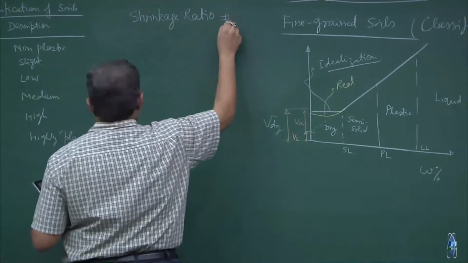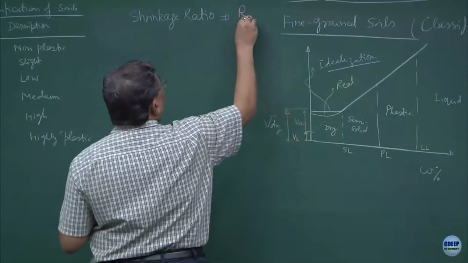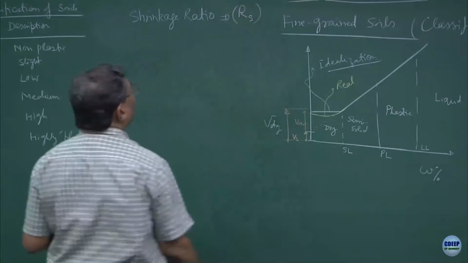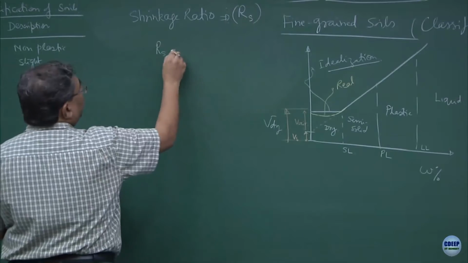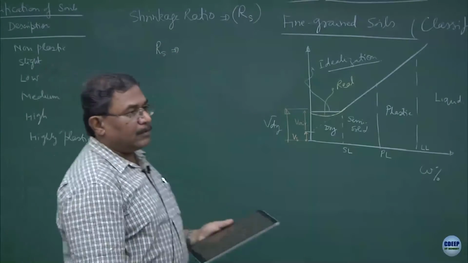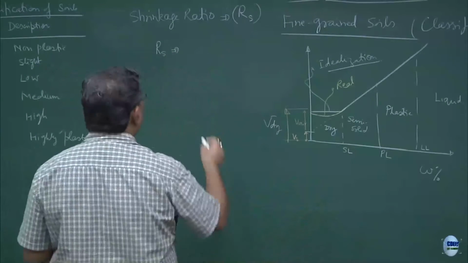There is something known as shrinkage ratio, which is defined as Rs, and this shrinkage ratio is defined in terms of the volume loss undergone by the material.